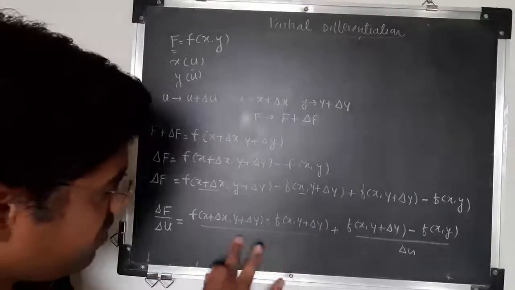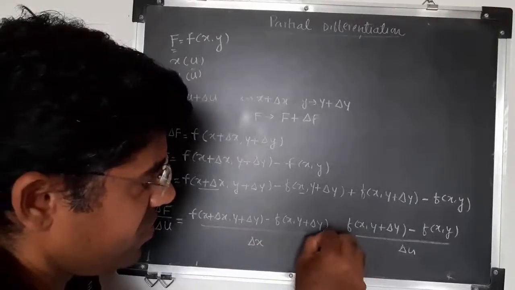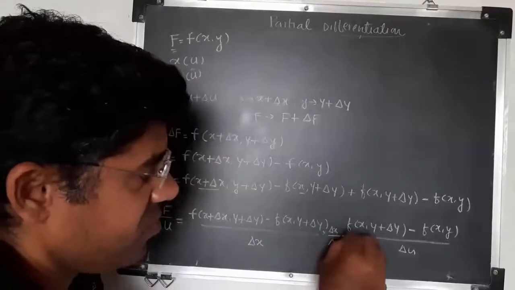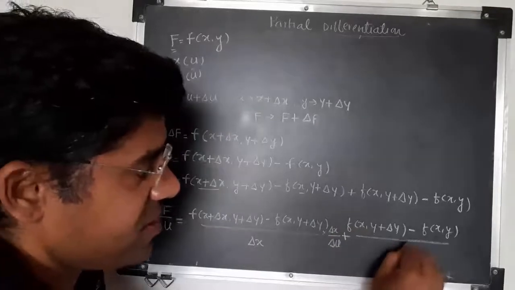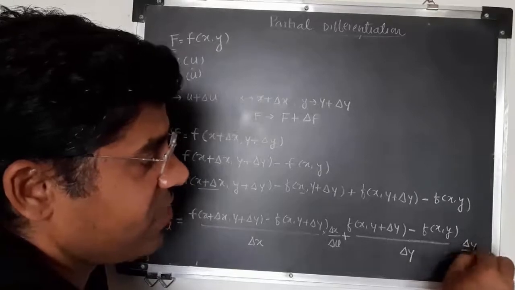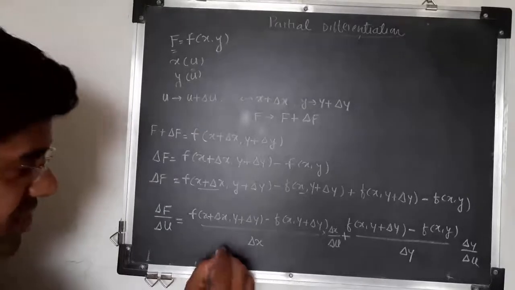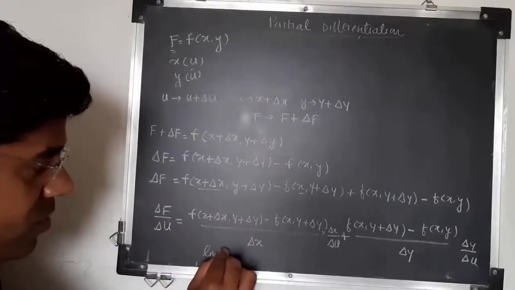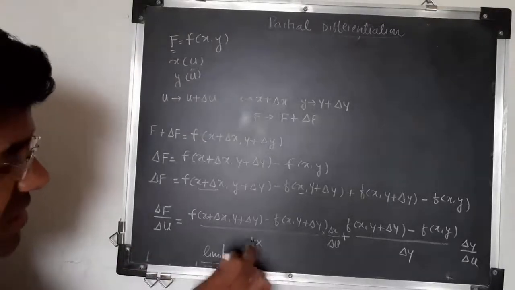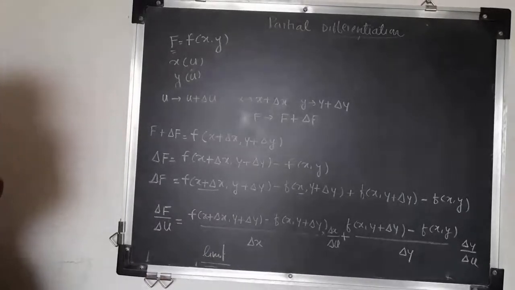So this is delta x, I will multiply over here delta x divided by delta u as it is, plus, similarly, instead of that here y changes, so multiply and divide by delta y, and delta y upon delta u. Now I will take the limit, limit delta u tends to 0. This is limit delta x tends to 0, and this case will be simple.